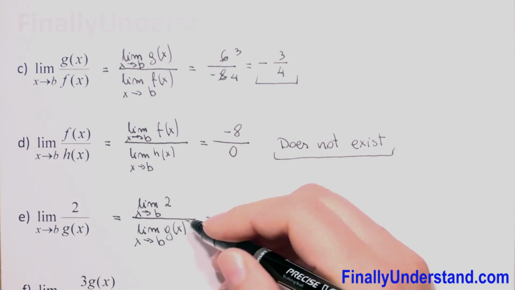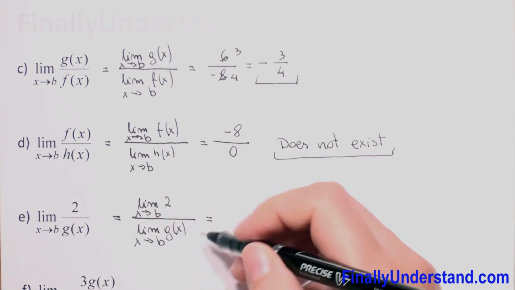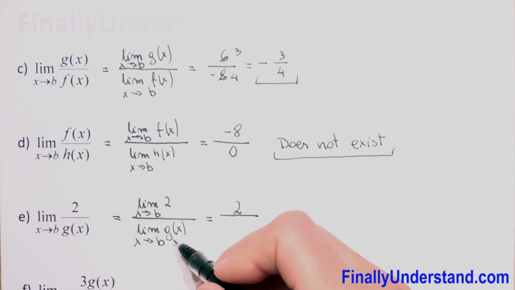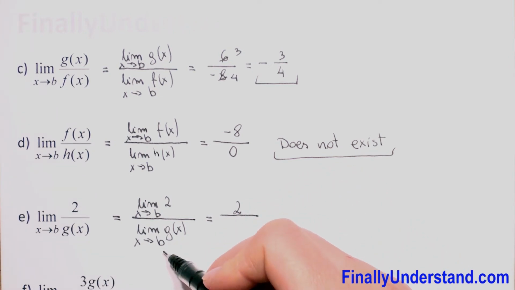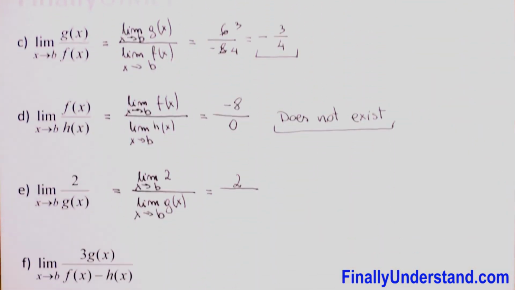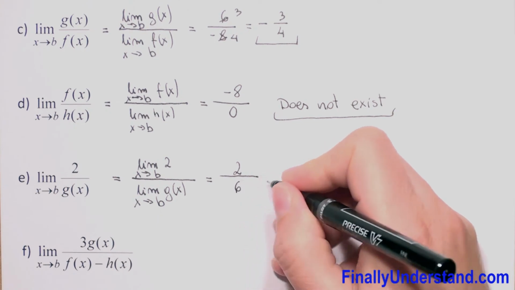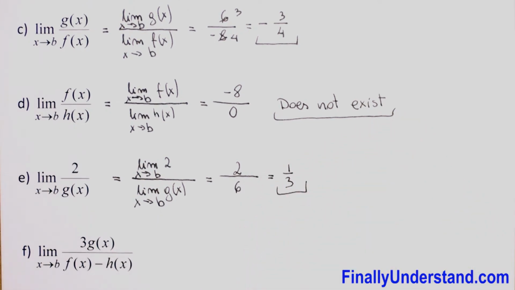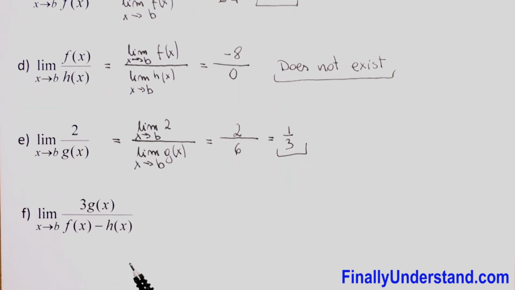So this is equal to, the limit of a constant is equal to the constant, so we have 2 over the limit of g of x as x approaches b, which is equal to 6. So we have 2 over 6, this is equal to 1/3. This is our answer.